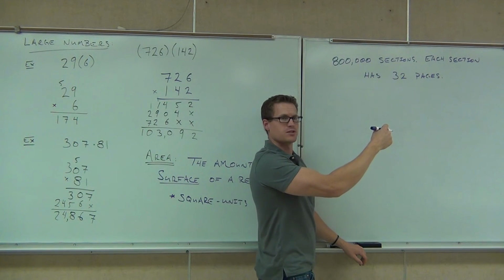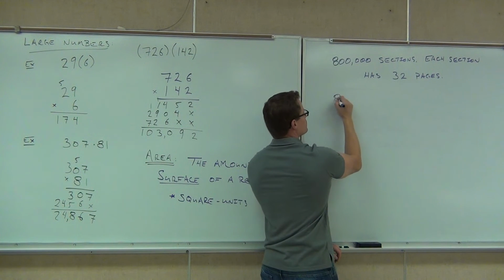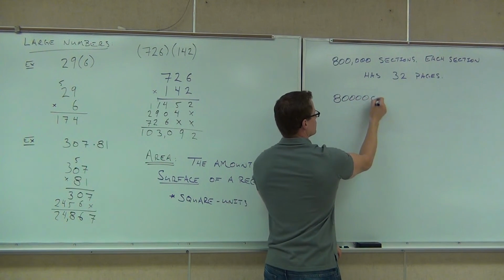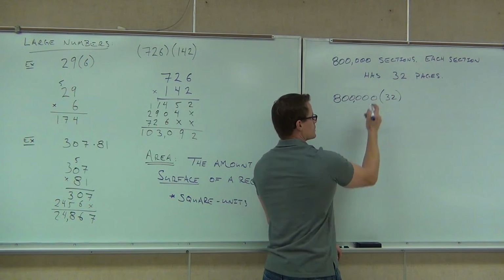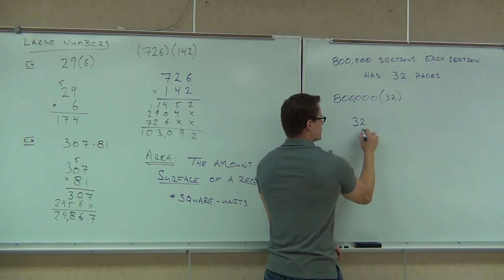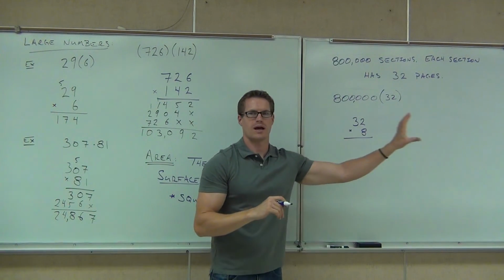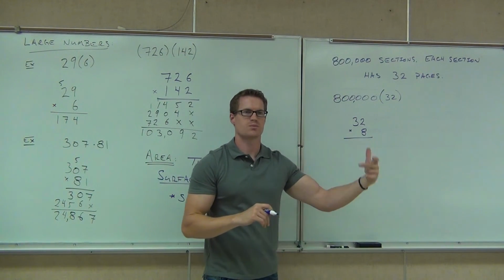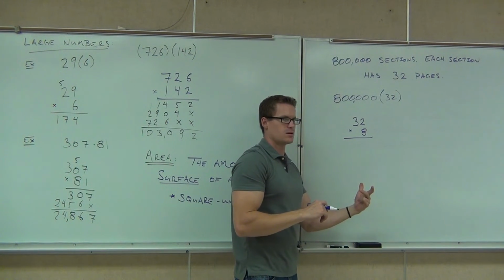That would take you your whole life to do. We instead want to multiply this 800,000 times 32. If we ignore these zeros, we can do 32 times 8, and then add those 5 zeros on afterwards. It's a way of tricking the problem for just a second. What is 32 times 8?